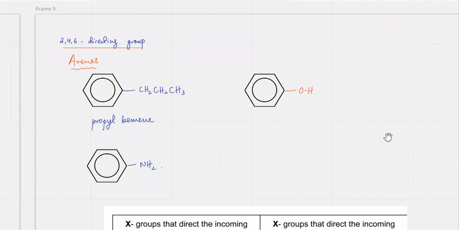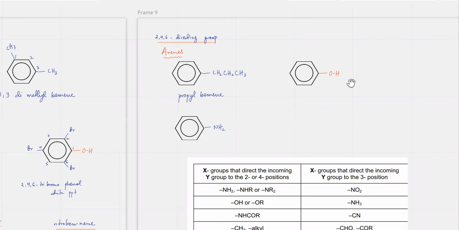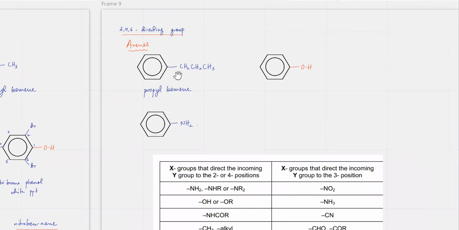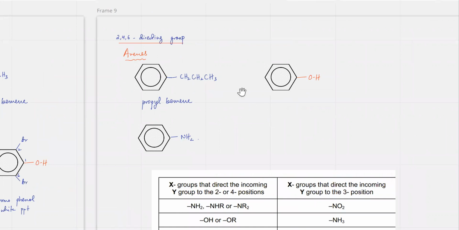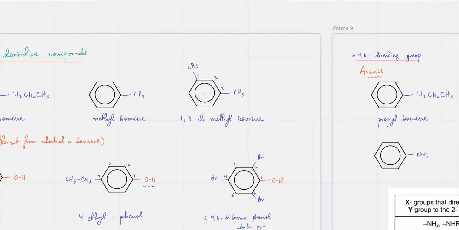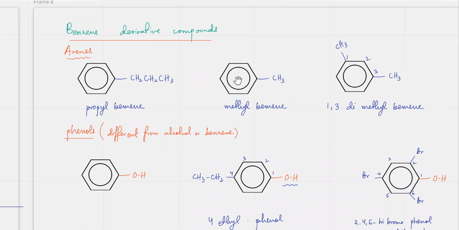Asha, we had talked about electrophilic substitution, and we had talked about most of the reactions of electrophilic substitution related to benzene. Now, I told you that there are lots of benzene derivative compounds. You've got arenes, which are benzene with a carbon chain.